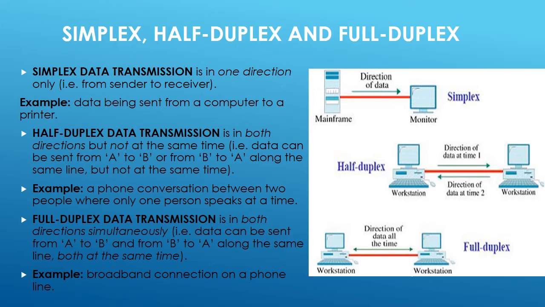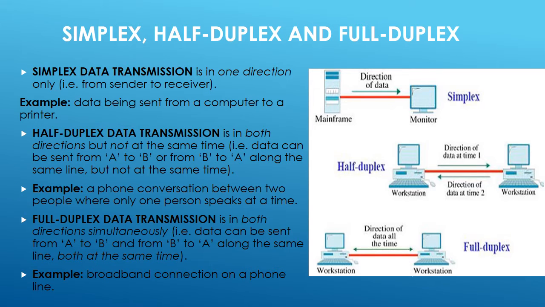There are three modes of transmission. These modes are important when it comes to the direction of data. They are known as simplex data transmission, half duplex data transmission, and full duplex data transmission. In simplex data transmission, one direction only is allowed, for example, from sender to receiver.